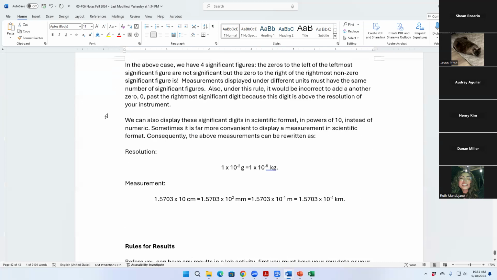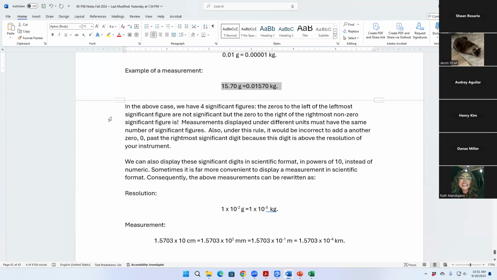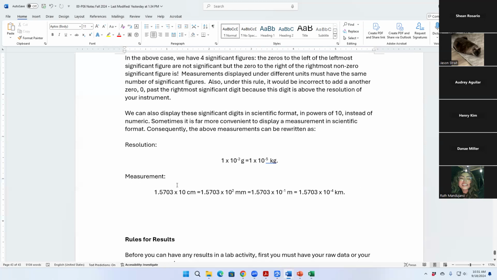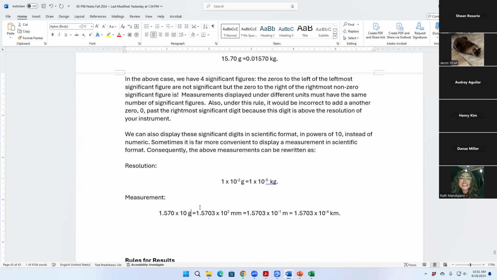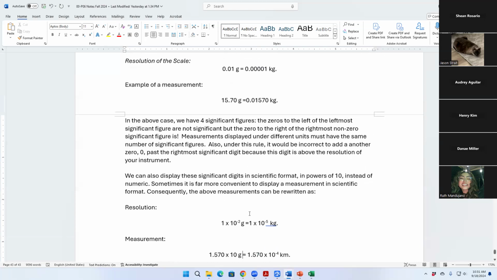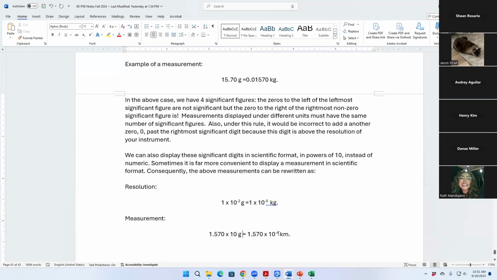Okay, here you go. And 1.570, 1.570 kilograms, 1.570 grams. And then we gotta change here to -2.